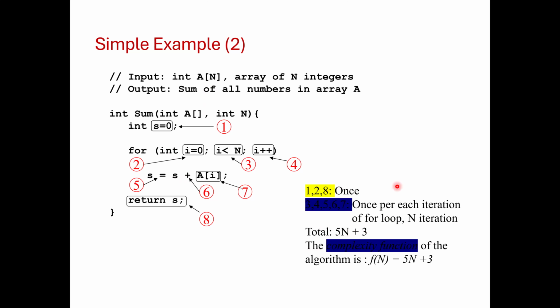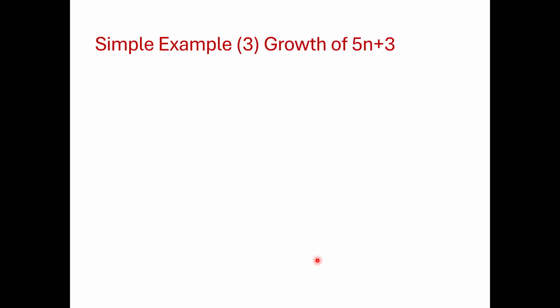And remember, we said the running time is a function of the input size, right? So the input size n here is going to help us determine the total number of operations. And we'll look at that in just a bit. But this 5n plus 3, what we write as f of n is equal to 5n plus 3, is what we refer to as the complexity function.